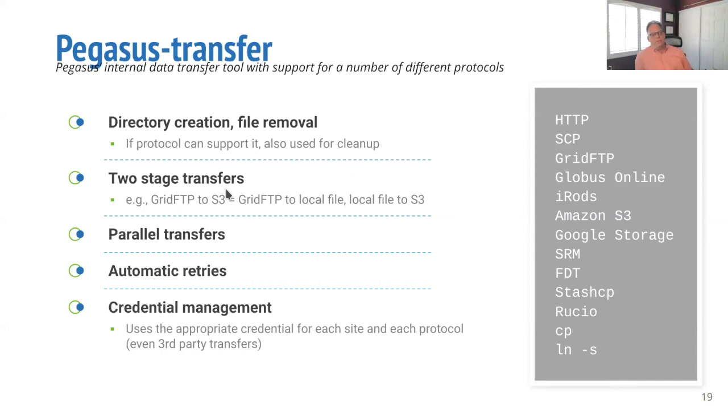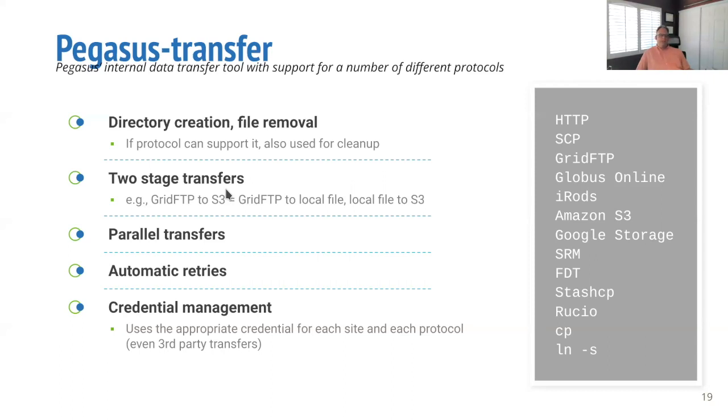And these are generally two incompatible protocols. There's really no client that can speak both of them. But Pegasus will instead do two-step transfers for you. And it's obviously a little bit slower, but it is really, really convenient when you work with different data storage systems.